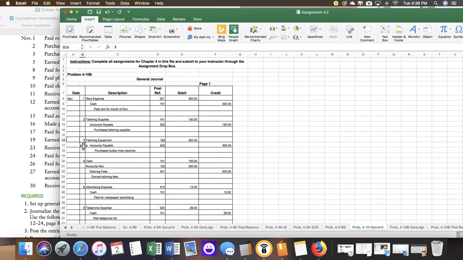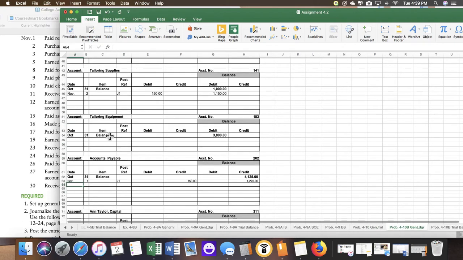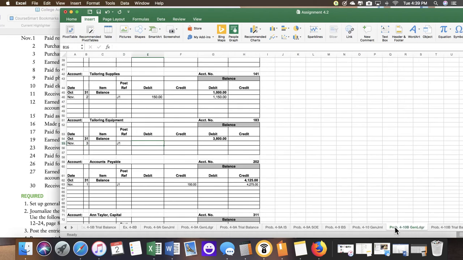So on the 3rd, we purchased tailoring equipment. Journal page 1. It was $300 worth of equipment. $4,100.